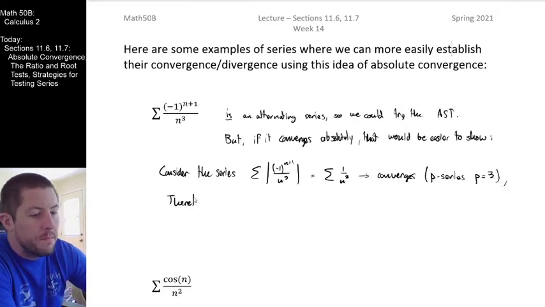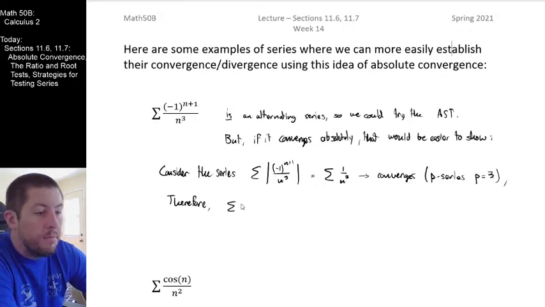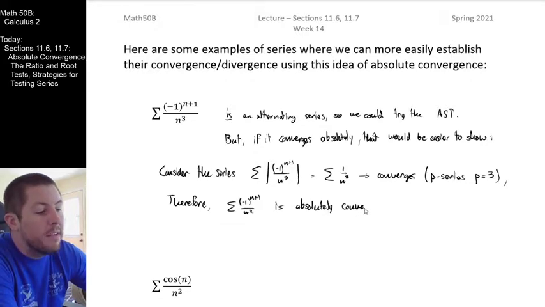Therefore, the series negative 1 to the n plus 1 over n cubed is absolutely convergent because the absolute value of it converged.